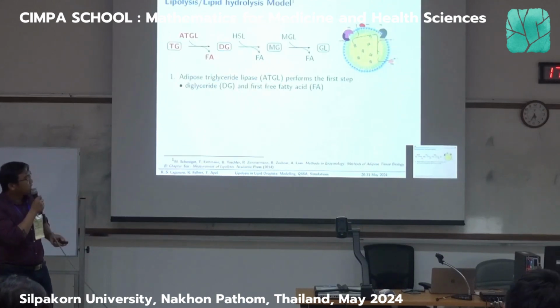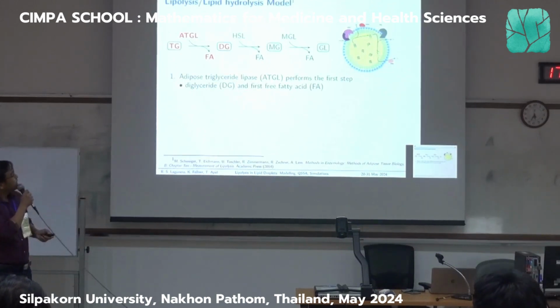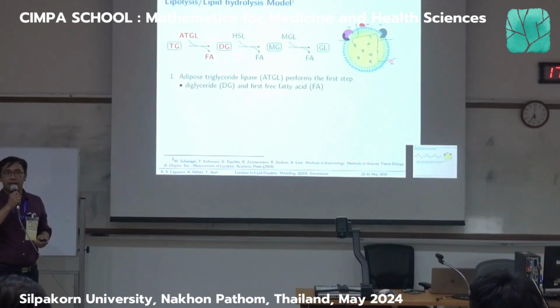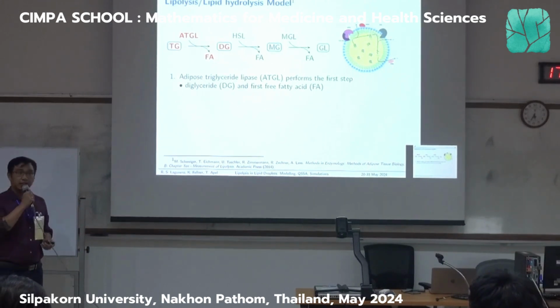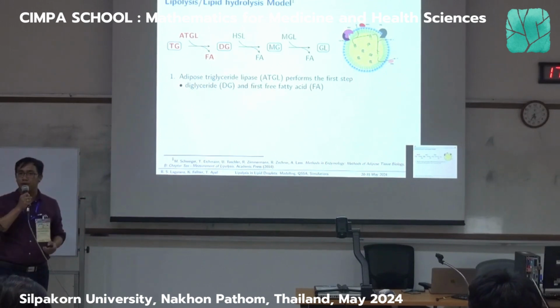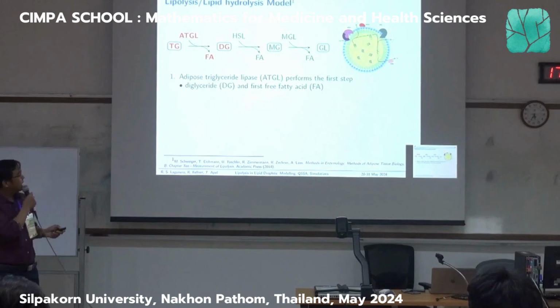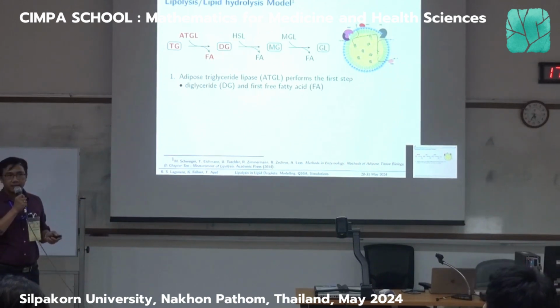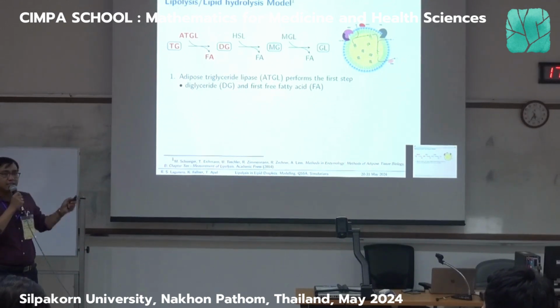In detail, you have an enzyme called ATGL, adipose triglyceride lipase, which performs the first step of degrading these stored fats. It is activated by an activator called CGI58, but at the end of the day, it's the enzyme ATGL that starts this process.